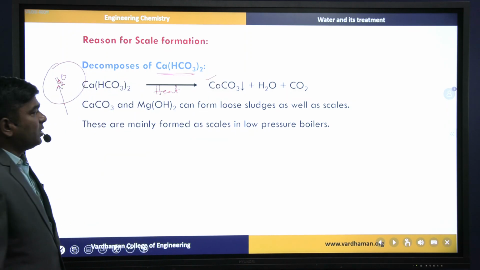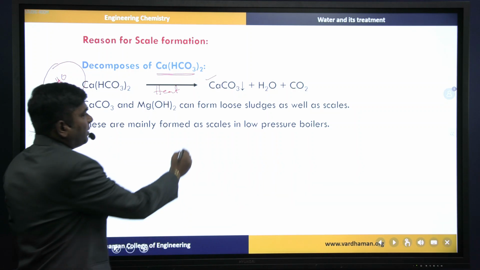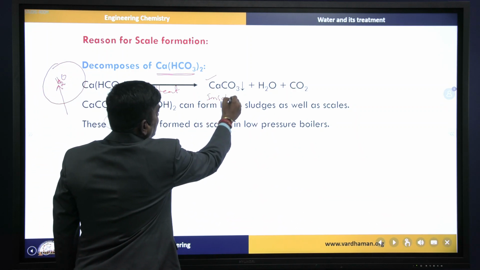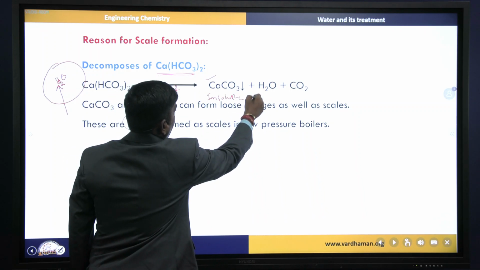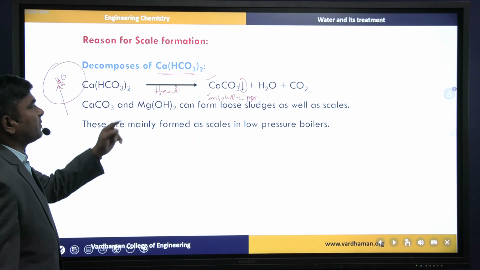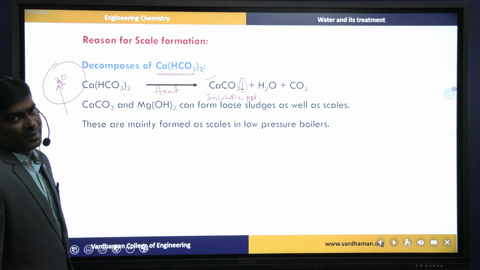As we know, calcium carbonate is the most insoluble precipitate. This arrow indicates precipitate.